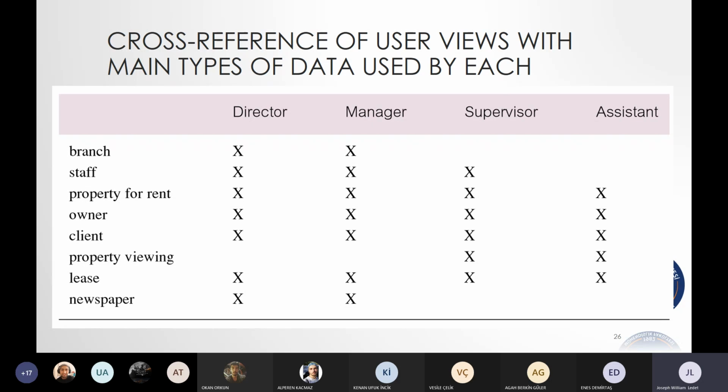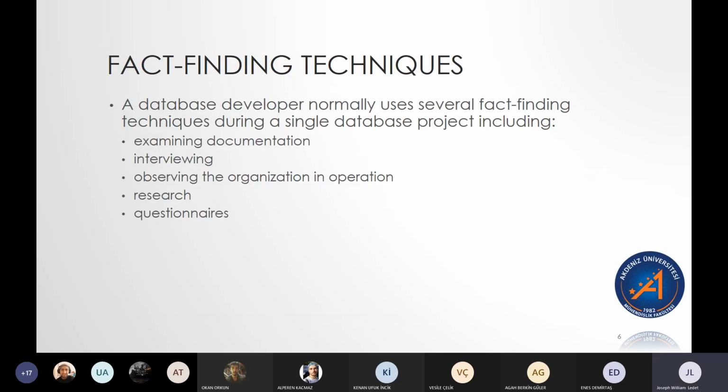All right, so our 5 types of fact-finding techniques. Let me go back to the slide. There are 5 types that we talked about: examining documentation, interviewing, observing the organization, research, and questionnaires. I imagine that most of you for your group project will do a lot of research and examining documentation of existing systems.